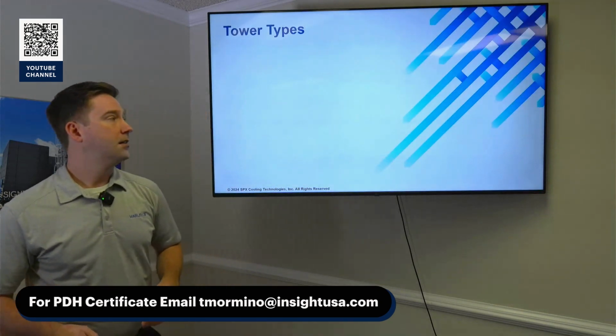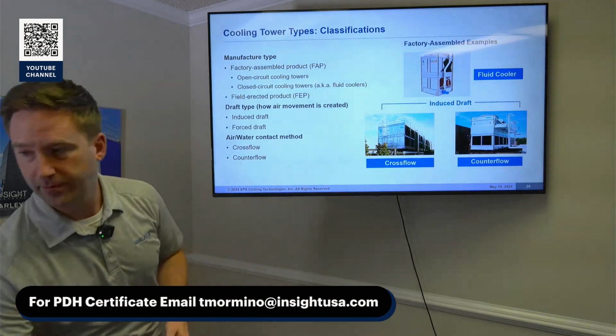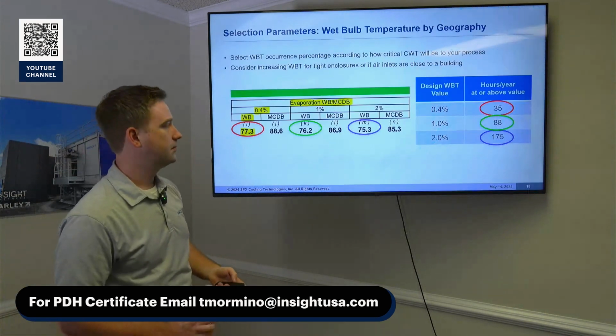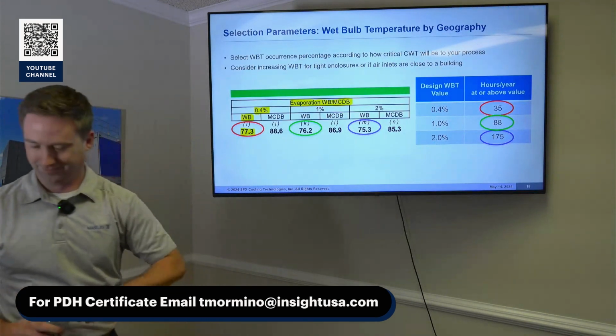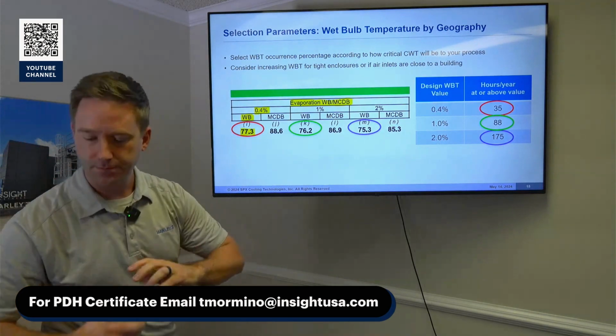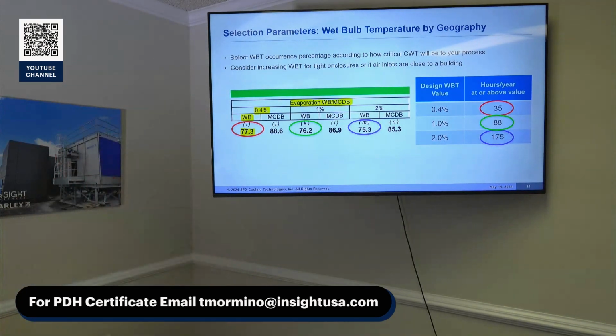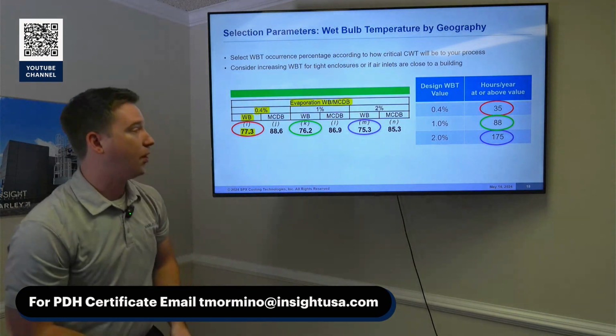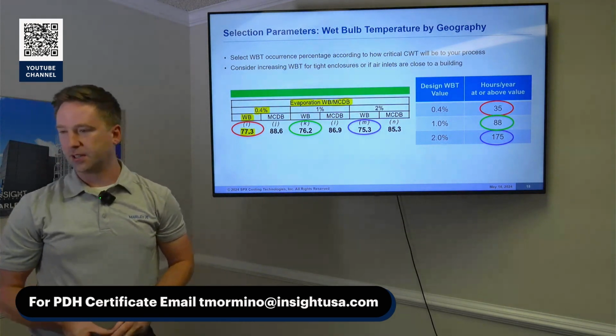So we have a question that came in. Going back to that last slide, what happens with the cooling tower during those 35 hours of the year? Is the delta T just not met? So the cold water temperature of the water would actually rise slightly.